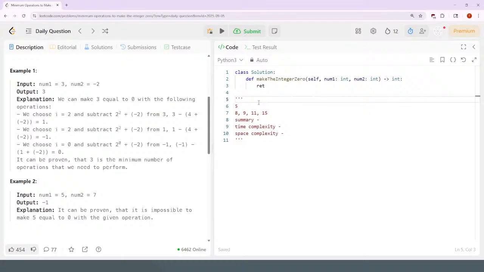Okay, so let's do that first example again. num1 is 3. The powers of 2 are 1, 2, 4, 8, 16, 32. Offset by -2 would be -1, 0, 2, 6, 14, 30.